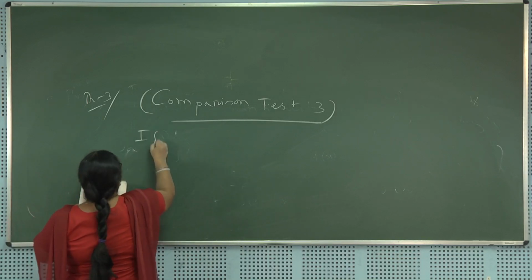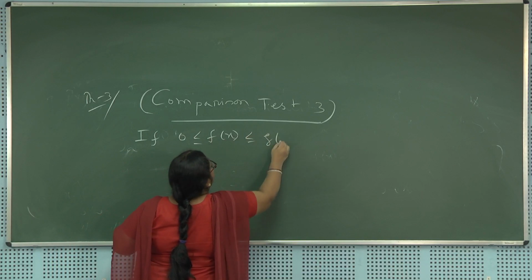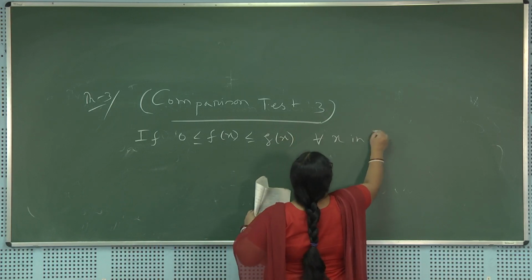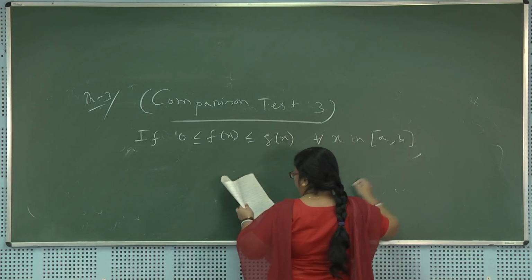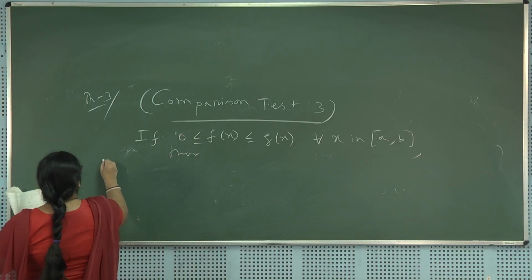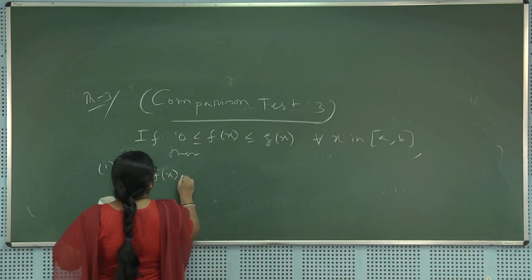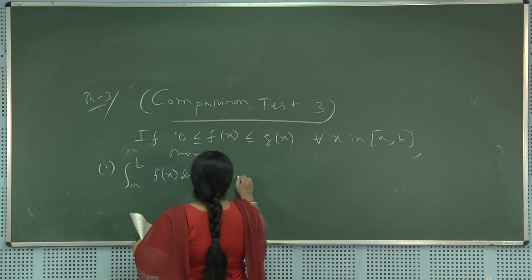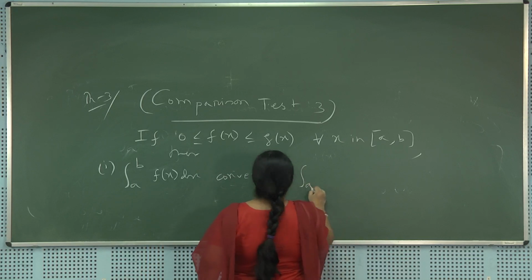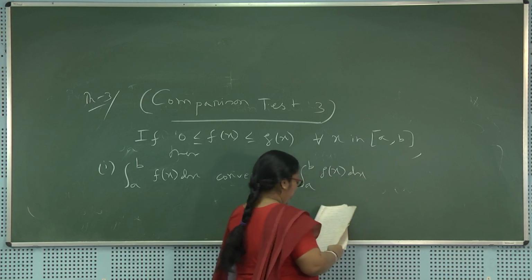If 0 is less than or equal to f(x) less than or equal to g(x) for all x in (a, b), then number 1, the integral from a to b of f(x) dx converges if the integral from a to b of g(x) dx converges.